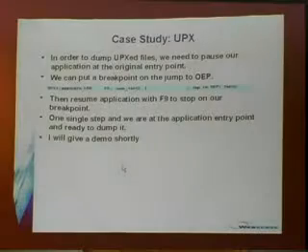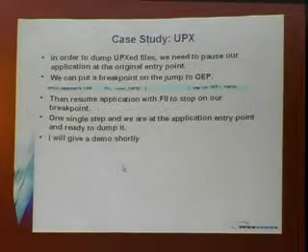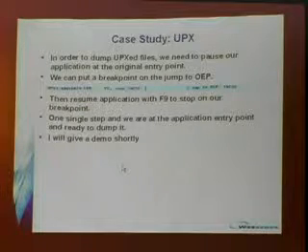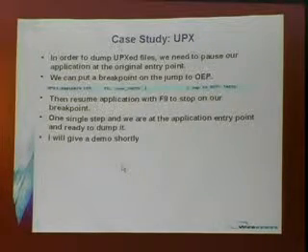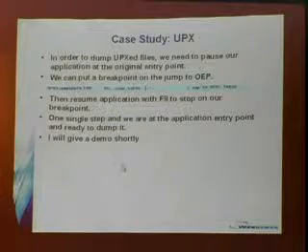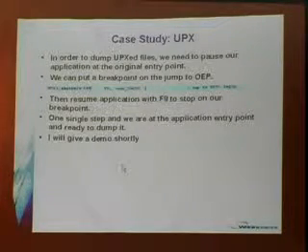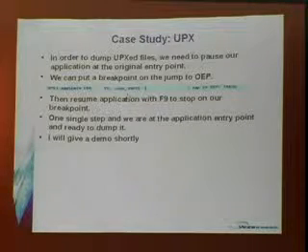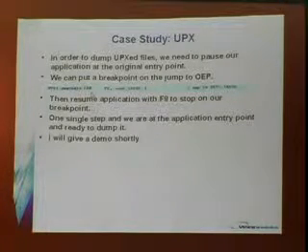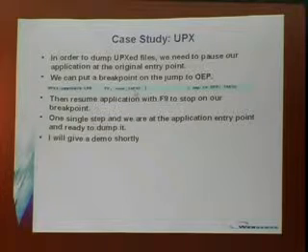So if you want to dump this application so you can reverse engineer it, the first thing you need to do is to pause the application on the entry point. So as I said, you have this instruction, which is basically loading this memory location inside the PC register, which is the EIP.